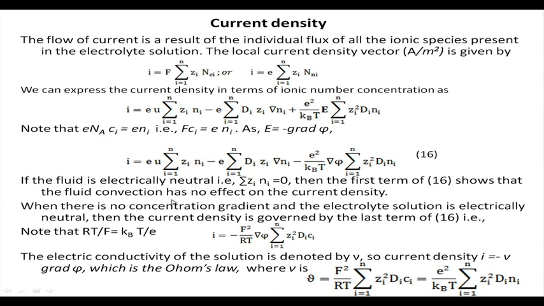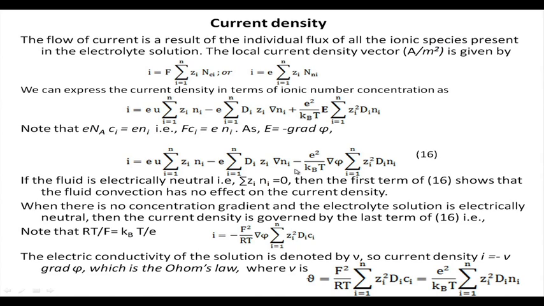Also, when there is no concentration gradient, these two terms are dropped. That means you have a situation where the fluid is electrically neutral and no concentration gradient is developed.